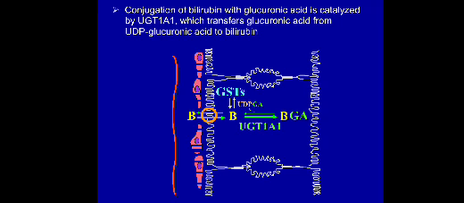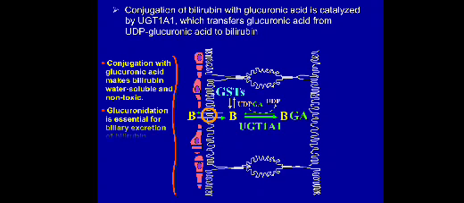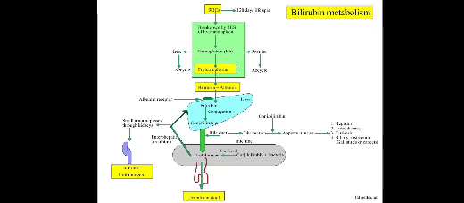And here you see how the reaction takes place. Conjugation with glucuronic acid makes bilirubin water soluble and non-toxic. Glucuronidation is essential for biliary excretion of bilirubin. It is a very, very essential step in bilirubin metabolism.